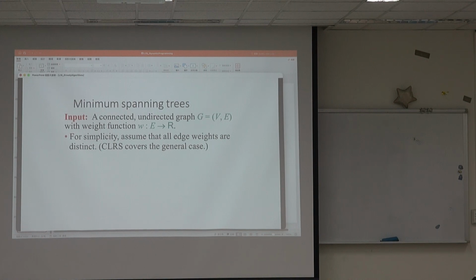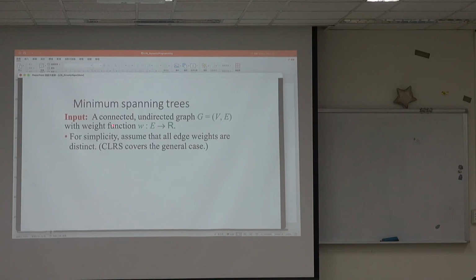For example, in Taiwan there are Taipei, Taichung, Kaohsiung, Tainan, and these big cities, and the edge represents the highway, and the weight of each edge represents the mileage. For example, Taipei to Taichung is about 150 kilometers, so you can say the weight of that edge is 150. This type of setting can be applied to many applications.